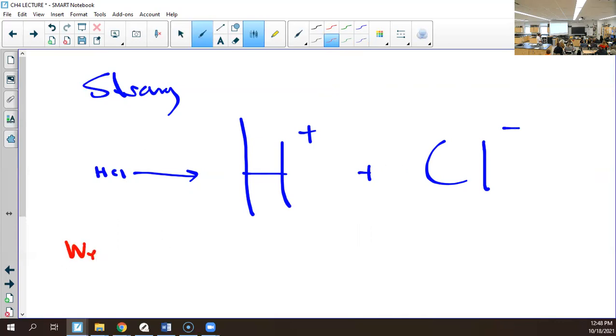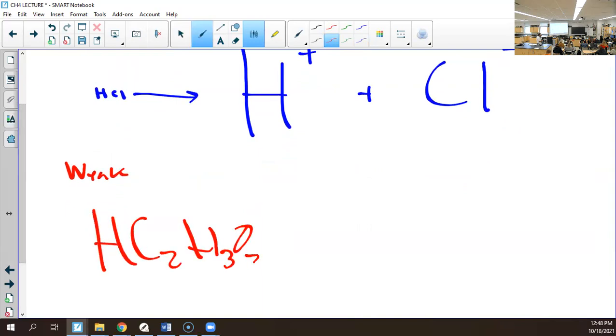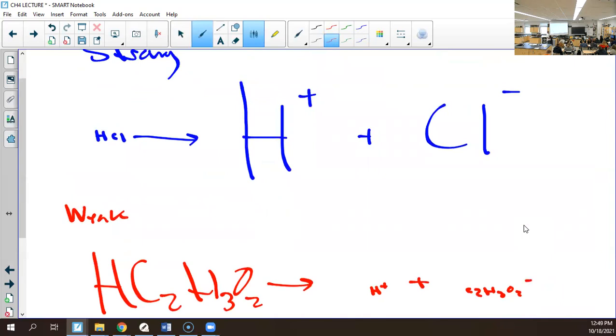So weak, vinegar is HC2H3O2, and then you'd have this picture, which can help a few of you. It's showing the relative concentration for a weak electrolyte.